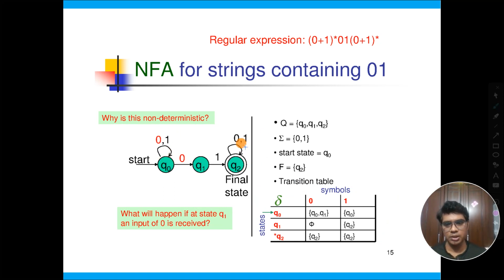Here q2 has a self loop, and this edge has the input symbols 0 comma 1. So for these two inputs it is going to the same state. This is a graphical representation of the finite automata, and this is a tabular representation.